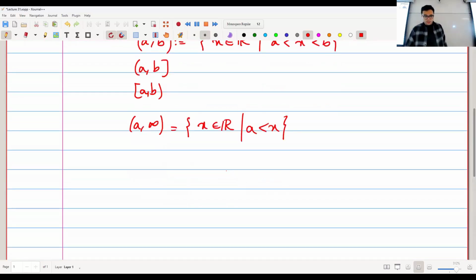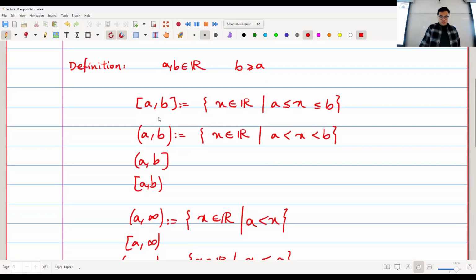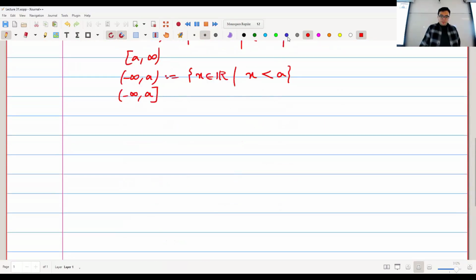And then similarly, I can define the closed segment, which includes A itself. I can also define minus infinity to A, which is the set of all X in R such that X is less than A. And again, I can define minus infinity to A closed at A, which means that I include A itself. So this is just a matter of notation, really.